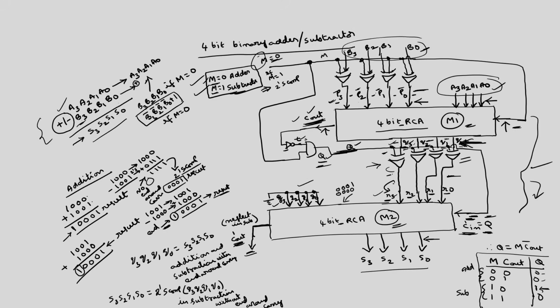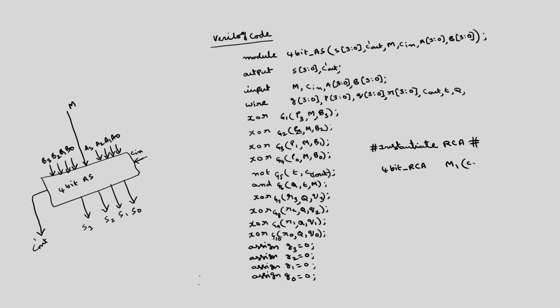Inputs are P3 to P0, A3 to A0, and then M. So, outputs are Q3 to 0 and C out, and inputs are A 3:0 is one set of the inputs.